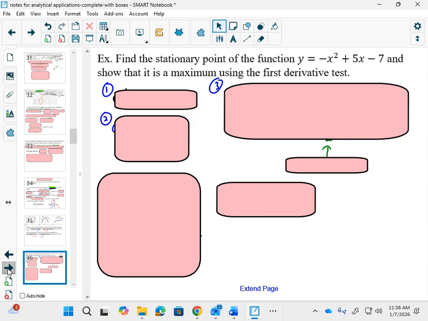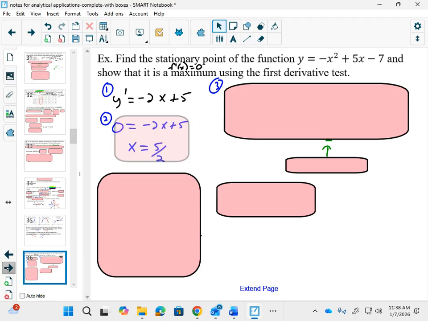So find the stationary point. Stationary point means f prime of x is equal to 0, or in this case y prime would equal 0, and show that it is a maximum using the first derivative test. So first of all, we find our derivative.